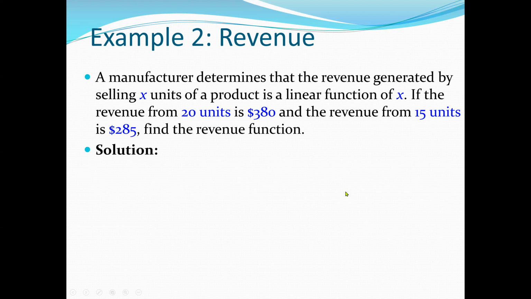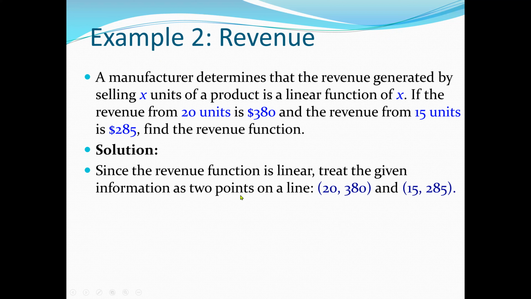So in this case, first, since the revenue function is linear, as we said earlier, we are going to treat the given information as 2 points. The slope is constant. Now, if it's not a linear function, then we can't use this, because the rate of change will not be the same. For a linear function, the rate of change, which is the slope, is always the same.